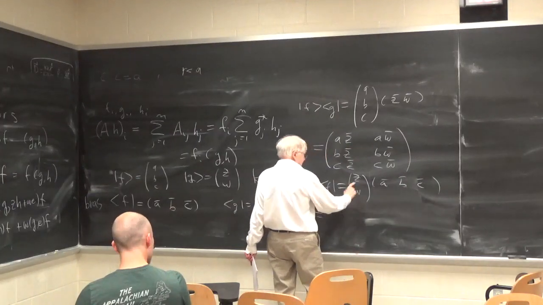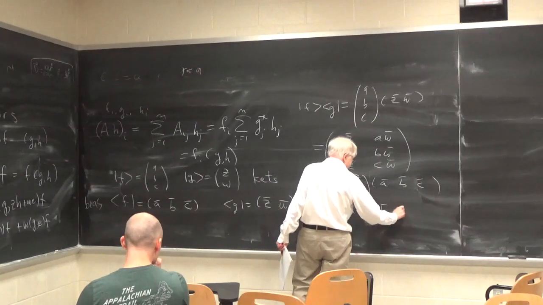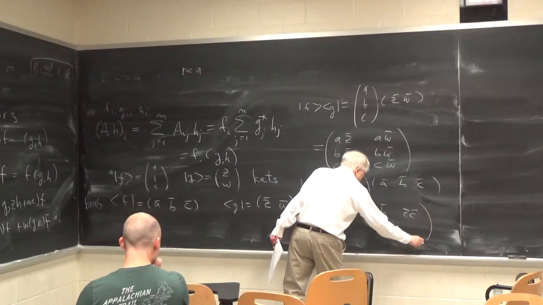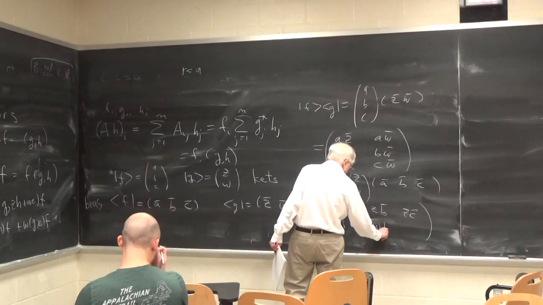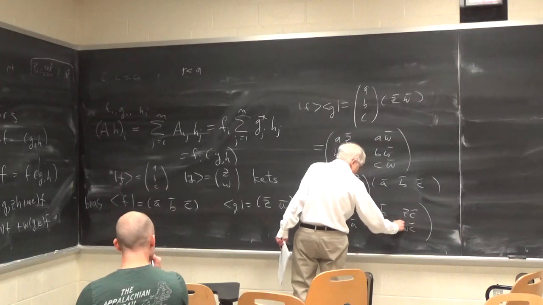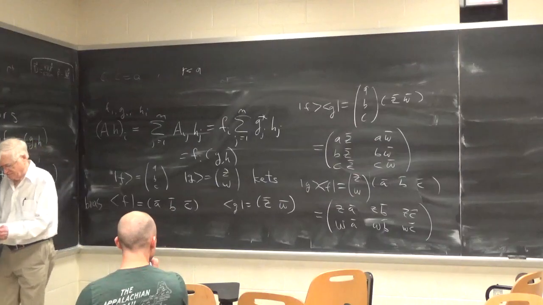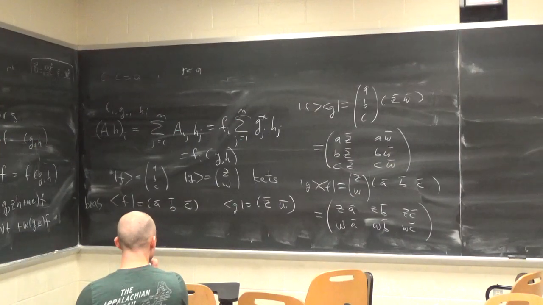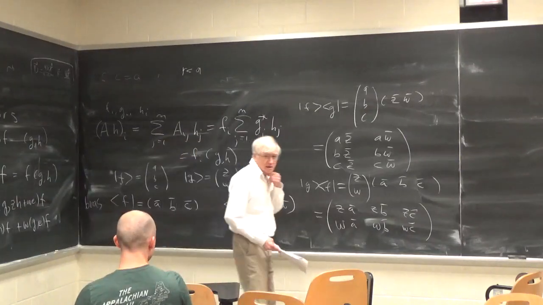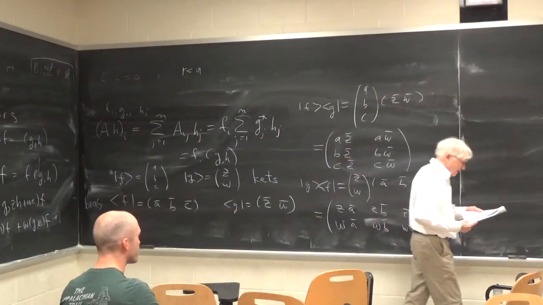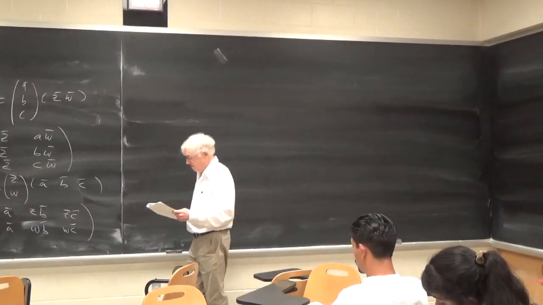And so this is Z A bar, Z B bar, Z C bar, W A bar, W B bar, W C bar. Okay, that's Dirac notation. It's become standard in quantum mechanics and in quantum field theory, and it just makes everything so much simpler.